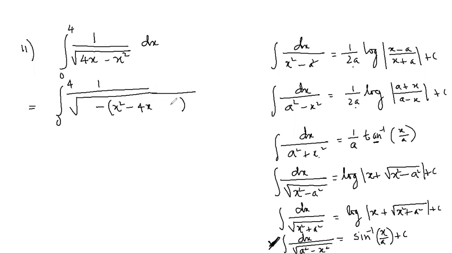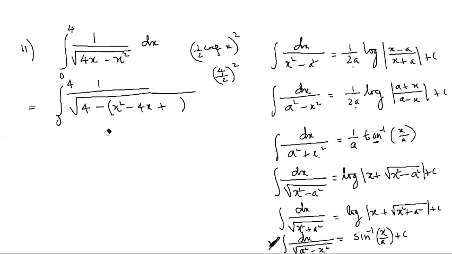Now to make this a perfect square, I must add the square of half the coefficient of x. Coefficient of x is 4. 4's half is 2. Then square it, so it became 4. Add a 4 inside the bracket and subtract a 4 outside the bracket.